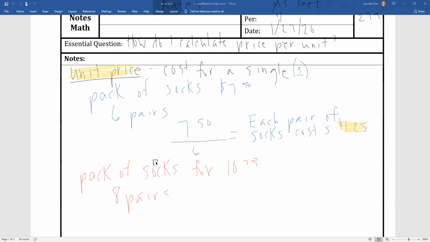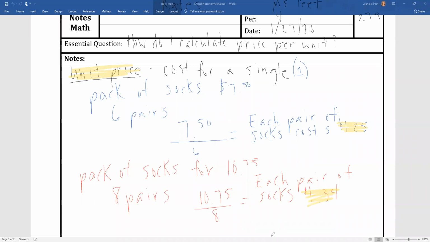Okay, so I'm going to do that division. I'm going to take $10.75 and divide it by 8. And that means that each pair of socks costs $1.34. Okay, so that would be my unit price for that packaging.